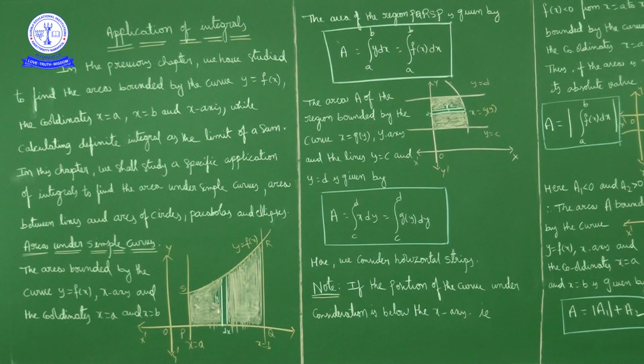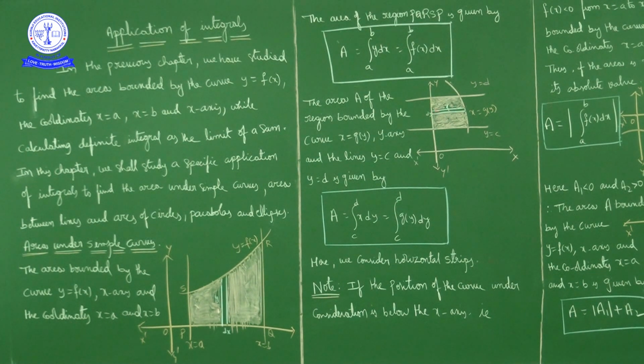In the earlier case y is equal to some function of x, here x is equal to some function of y, okay? Area bounded by the curve x is equal to g of y between the limits y is equal to c and y is equal to d is integral c to d x dy.